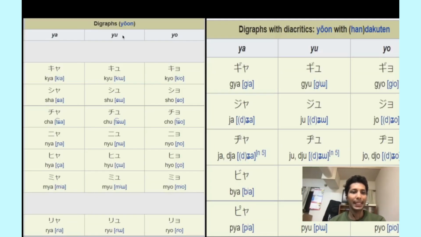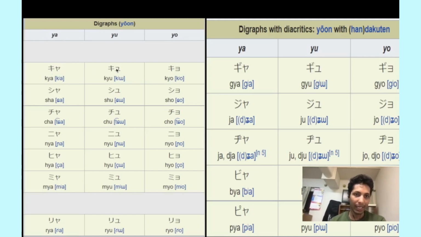Yep, this is the digraph list. It was ki, right? And then small ya becomes kya. Earlier we already learned in hiragana, very similar to hiragana, this is in katakana. So kya, kyu, kyo. Only three types of small characters can be added.